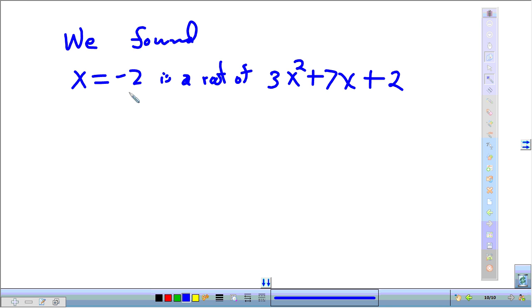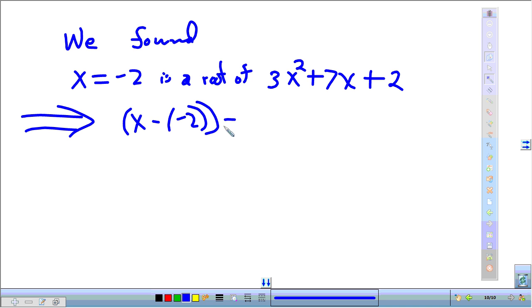So x equal minus 2 was a root of that particular polynomial. But that means x minus a minus 2, or x plus 2, is a factor.